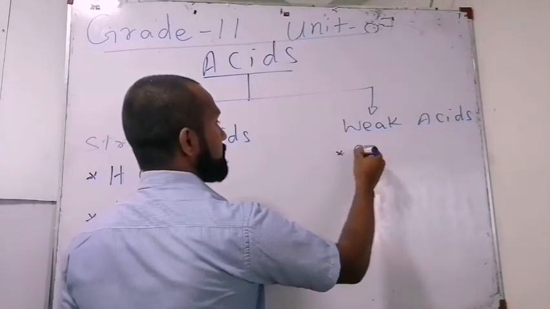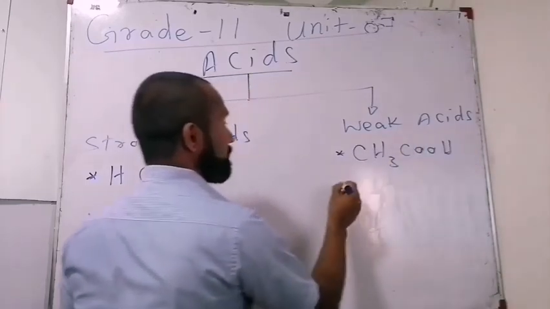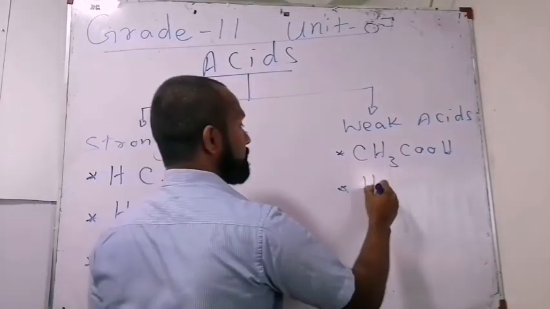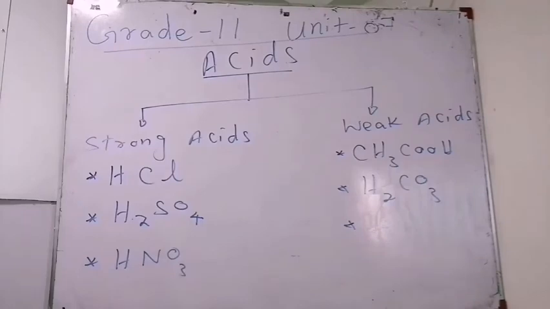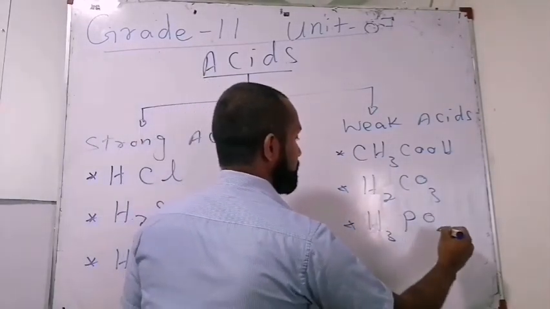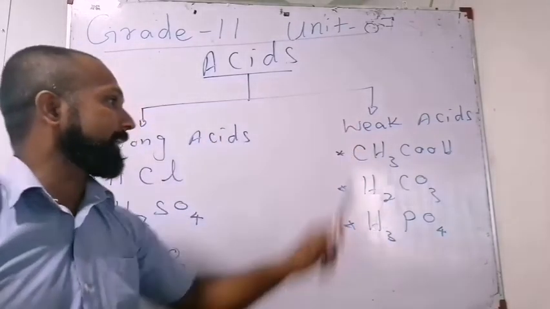Acetic acid, carbonic acid, phosphoric acid. So, as I explained to you earlier, how can we classify these acids as strong acids and weak acids?